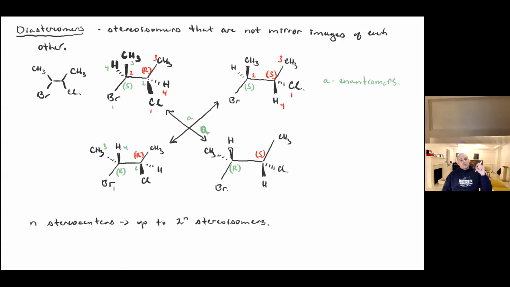Okay, so stereoisomers that are not mirror images. The mirror image of SS is RR. Anything else is a diastereomer. So the relationship between these two is that they are diastereomers.